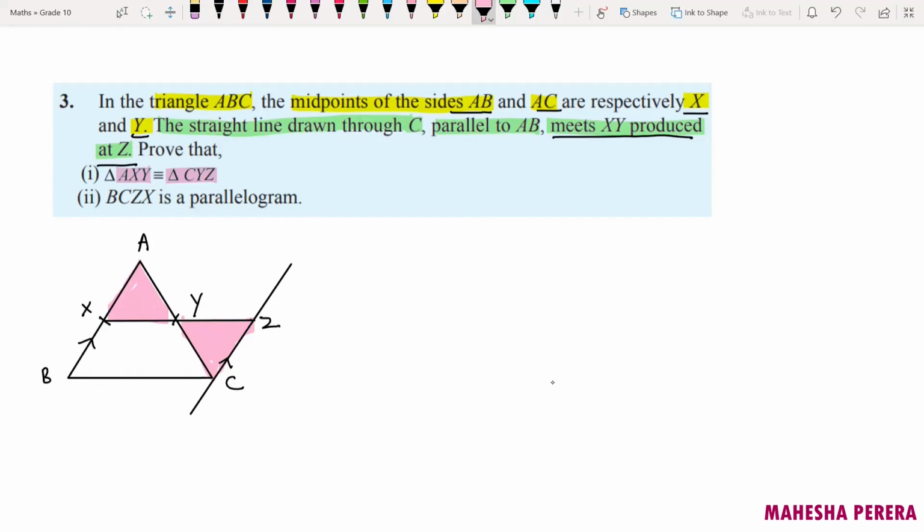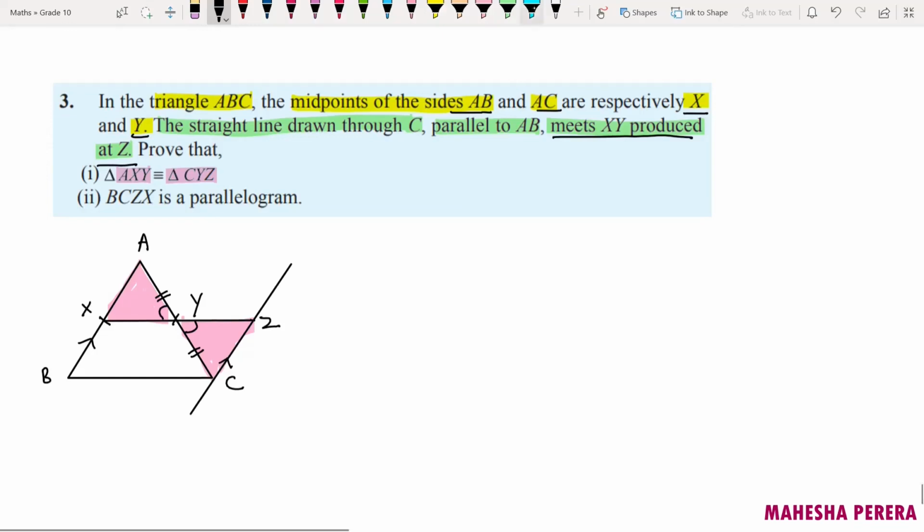Right? Okay. Now, if you consider these two triangles, we can say definitely these two sides are equal. Why? Because Y is the midpoint of AC. Then, if you consider these two angles, these are vertically opposite angles. Okay, so they should be equal.